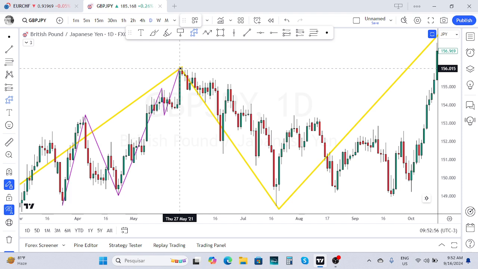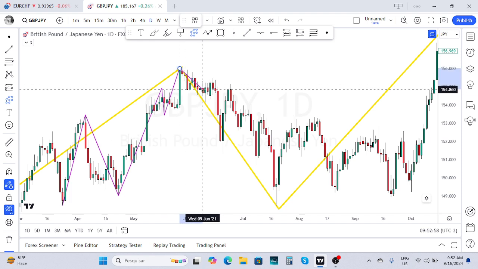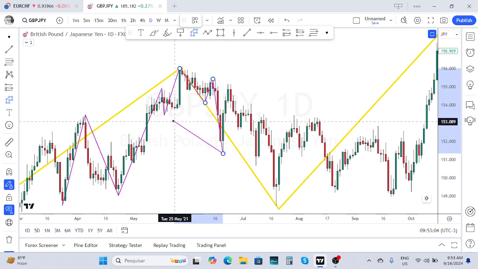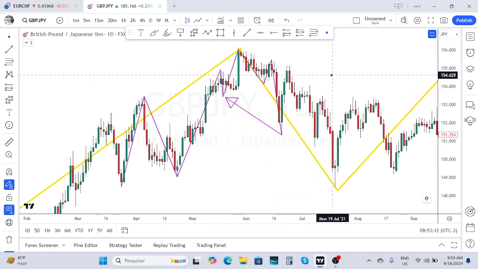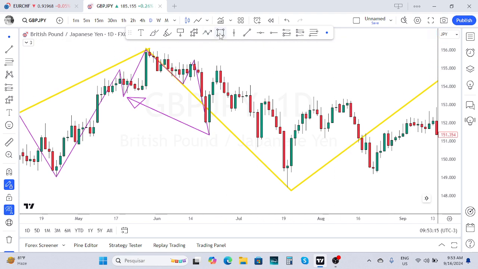How we would have taken advantage of this market would have been lower lows, lower high, and lower low. So this market here took out this. You can see that. This is where you and I, on the smaller time frame, would have made tons of money from this market.